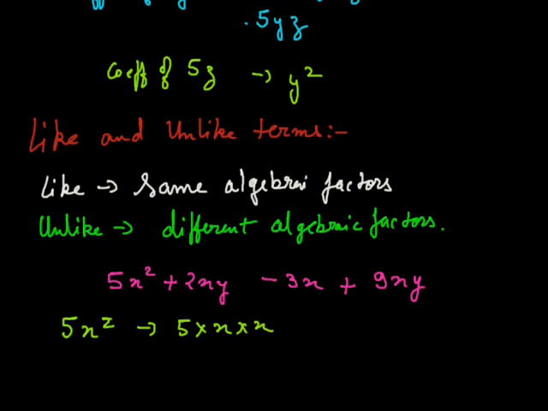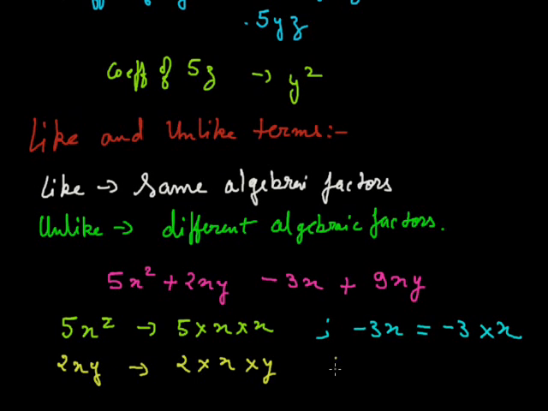The factors of 2xy are 2 into x into y. Now the factors of minus 3x are minus 3 into x. And the factors of 9xy are 9 into x into y.